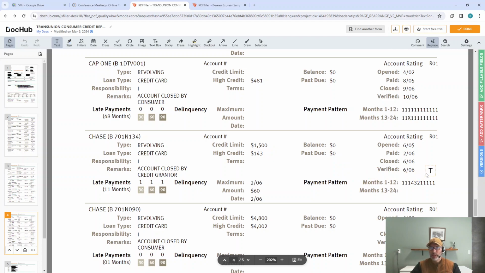That was the high amount that was ever put on this card. And situations that I have seen this happen is someone gets the credit card, and let's see, yes, it was only open for less than a year, it looks like. And they get the credit card, they don't realize there's an annual fee, and it goes 30, 60, 90 days late because they don't even bother paying attention to the credit card. Sometimes they don't even get statements, or maybe they have it on an email type situation.